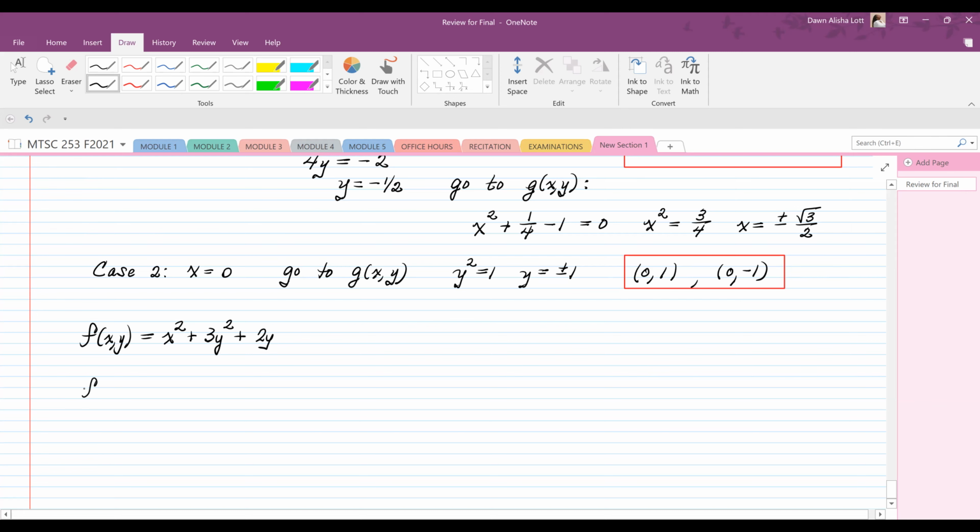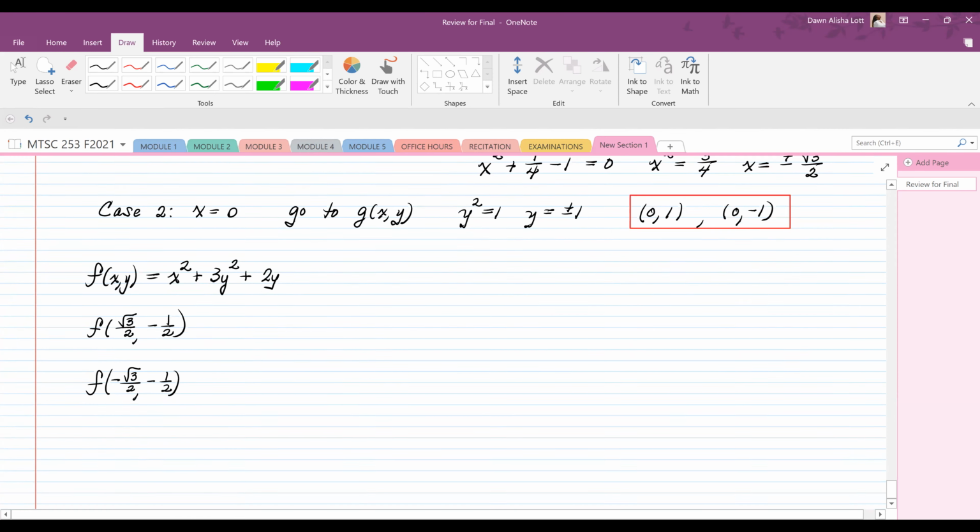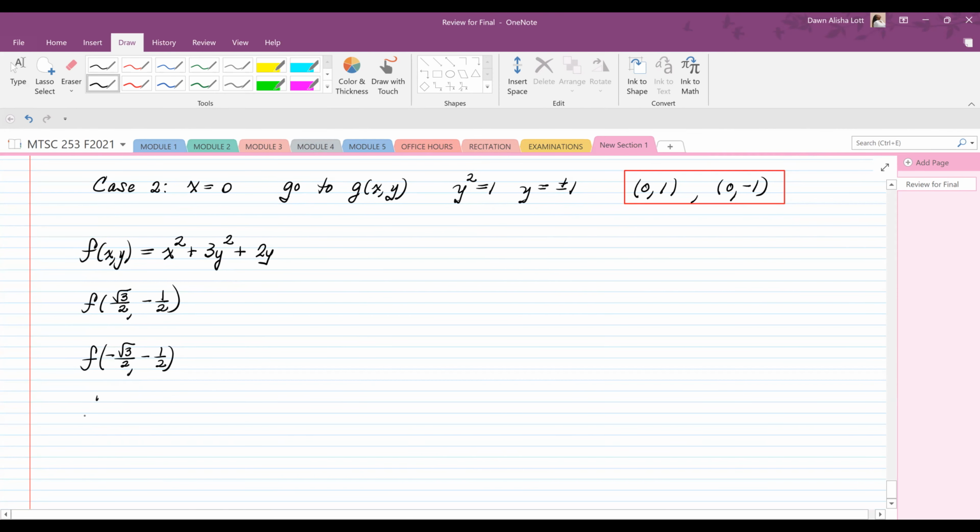Now you have f of positive root of 3/2, -1/2. f of negative square root of 3/2, -1/2. f of 0, 1, and f of 0, -1.